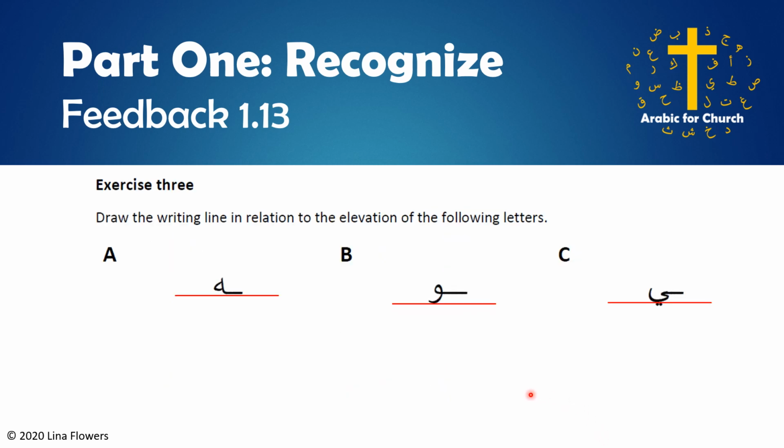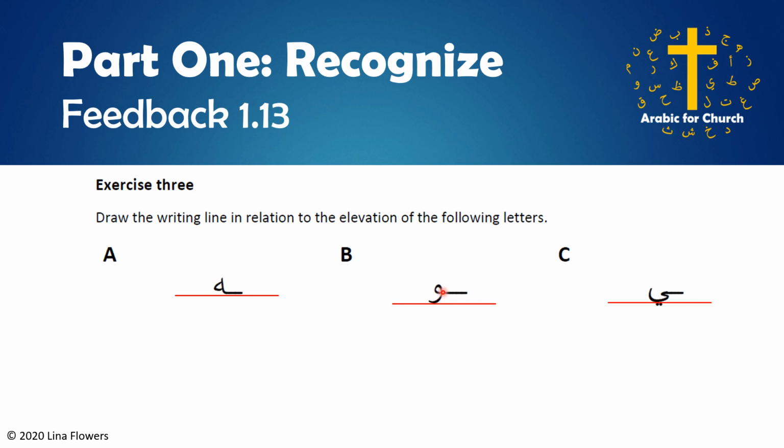So now we're looking at those three letters that look nothing like each other. The first one is letter ha, and it's connected. So you have the original teardrop shape over here, and it's got a connector on the line. In B, you have the letter waw, and you know it looks like letters ra and zai from section 1.5.